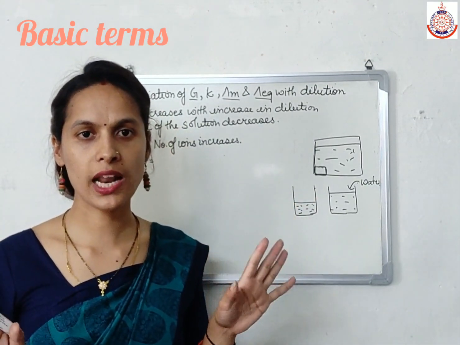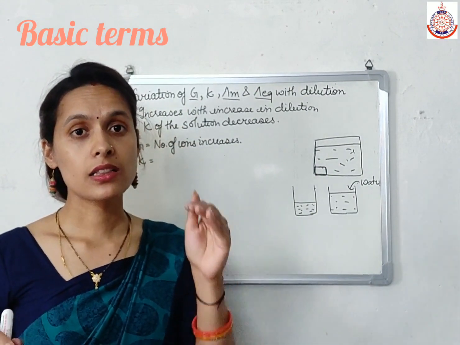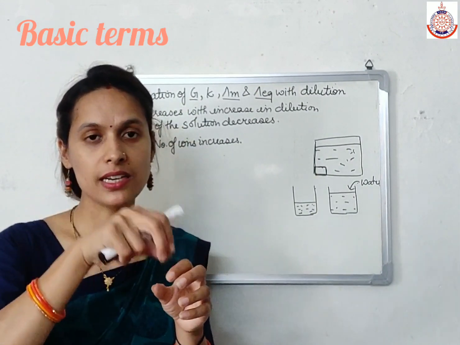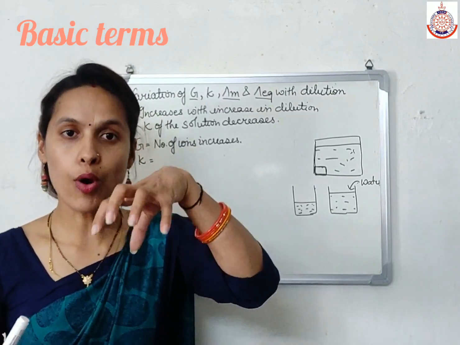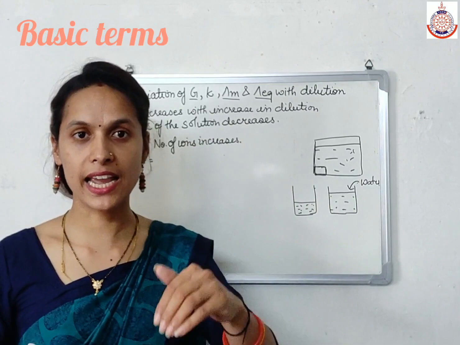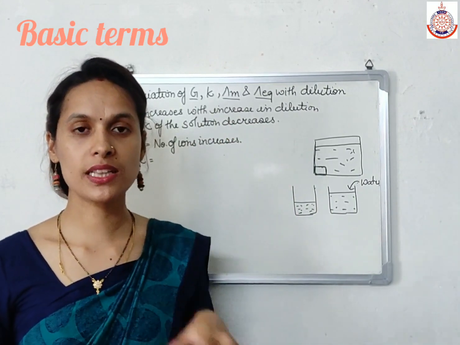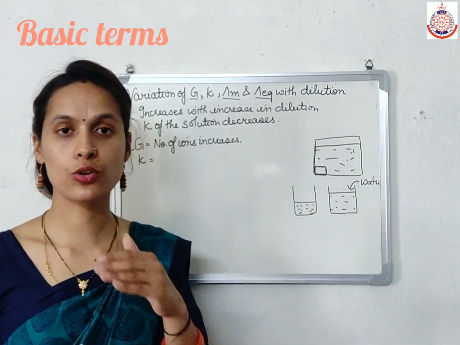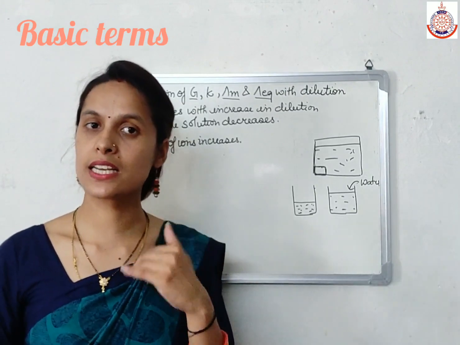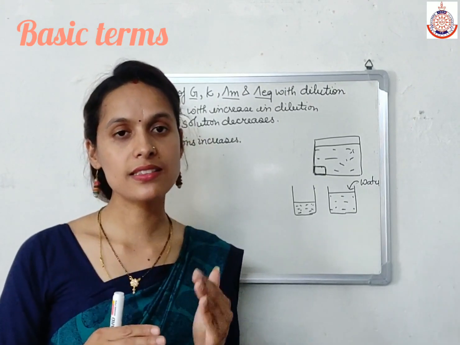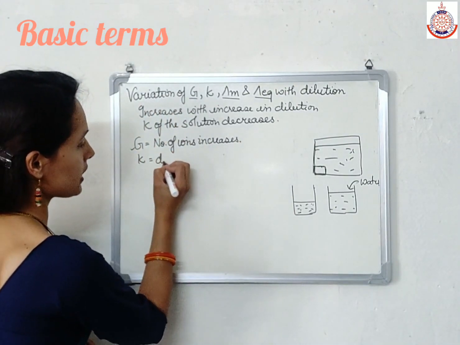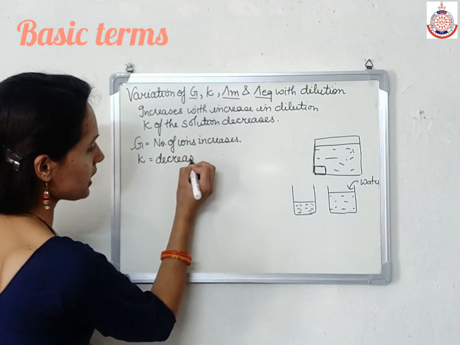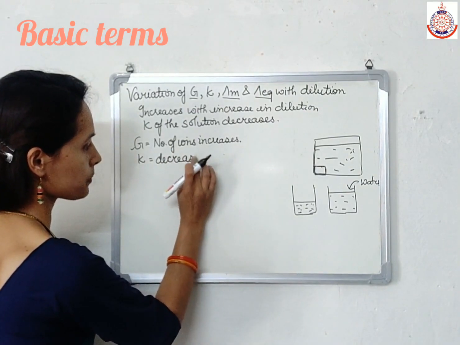Clear or not? On dilution, the number of overall ions increases. But the number of ions at 1 centimeter cube decreases, because at 1 centimeter cube, water occupies the position of the ions. Means water is present between the ions. So at 1 centimeter cube, the number of ions decreases. And due to the decrease in the number of ions at 1 centimeter cube, K decreases. So why does specific conductivity decrease?